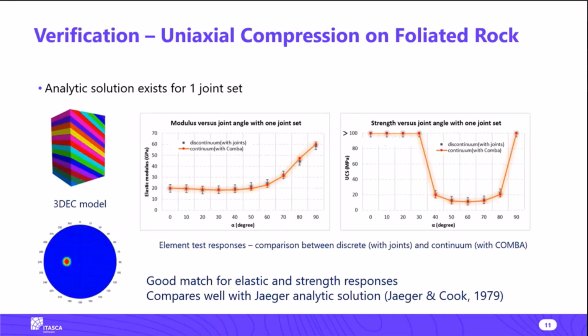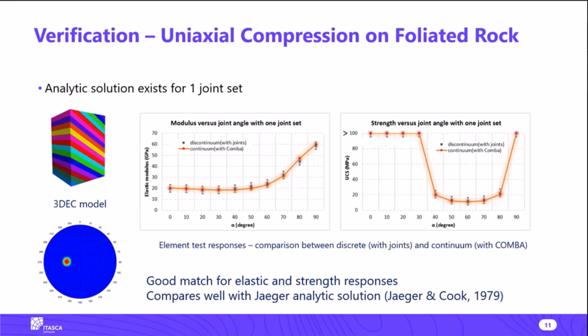The validation that we present on this slide is uniaxial compression on foliated rock. The advantage of this simple example is that there is an exact solution for it. And so we use this advantage to compare the response of both the continuum approach in FLAC 3D with Comba and the discrete approach in a 3DEC model.